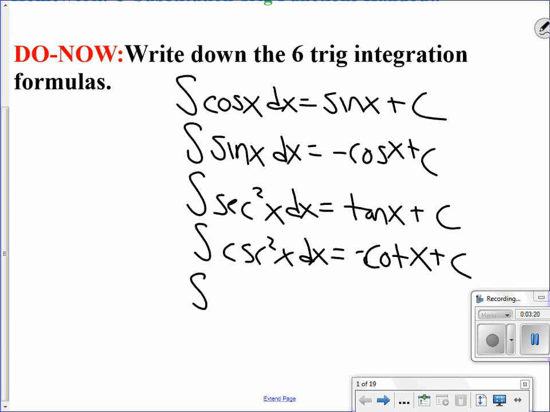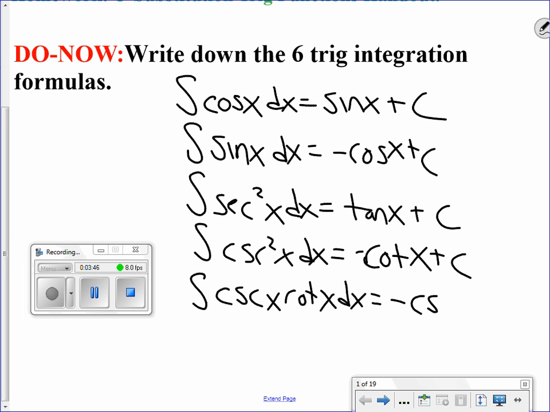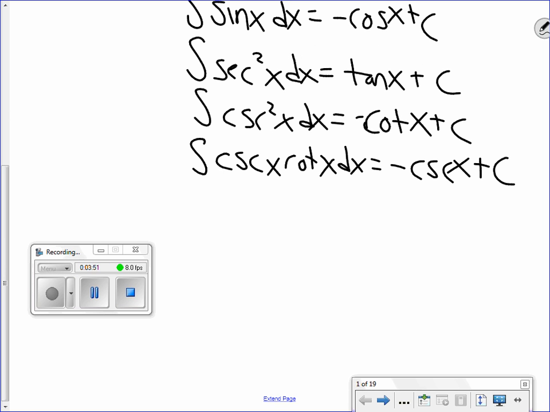If Jacqueline wants to call on you, she'll call on you. Well, that's not one of them, but cosecant cotan is. Okay, I'm taking that one. Equals. Good. All right. Negative cosecant x plus c. All right, who's the last person? All right, Jess. You're on.